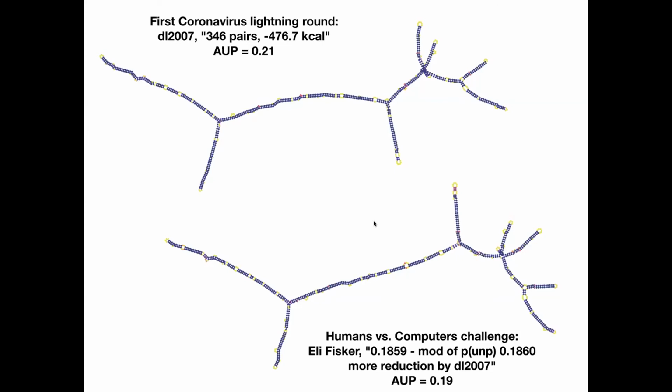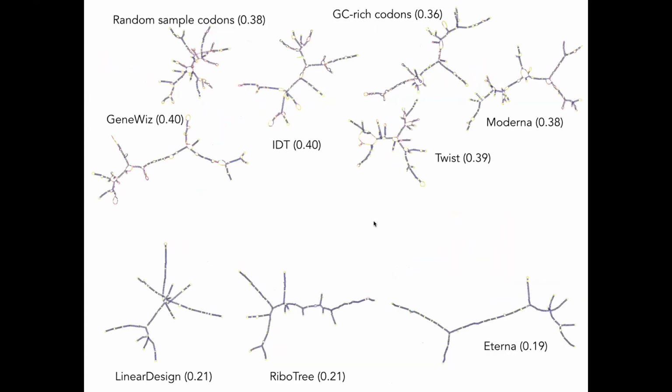So we were very excited to see that for all of these methods, linear design, Ribotree, and Eterna player solutions, we could see this 2-fold decrease in the degradation of these molecules from our conventional design methods.